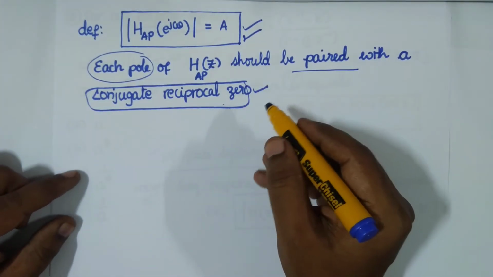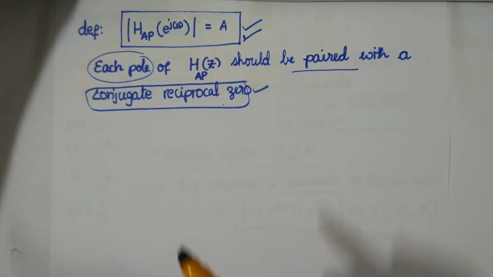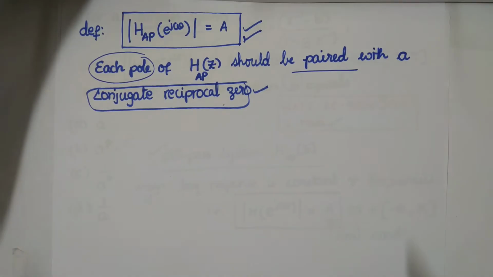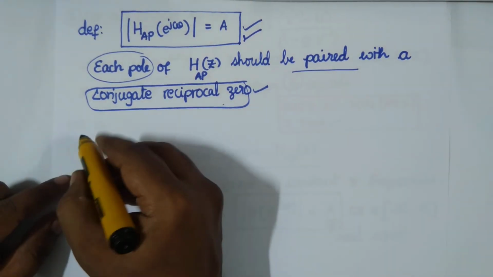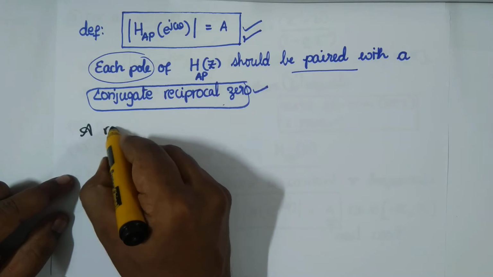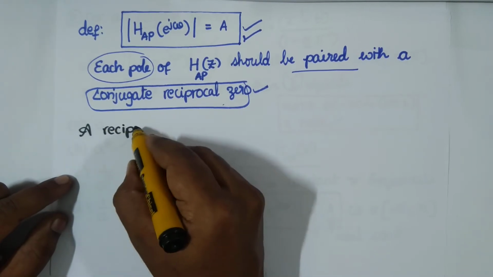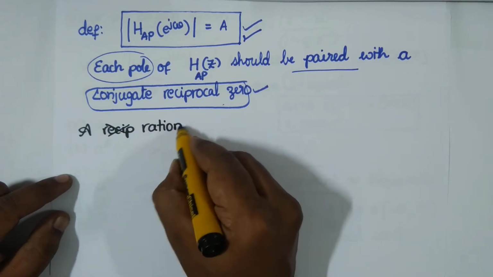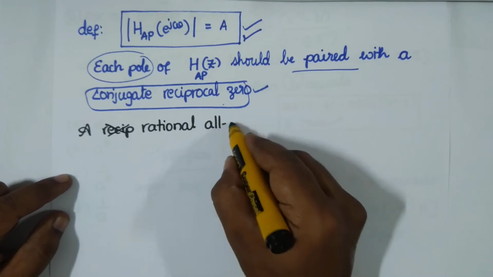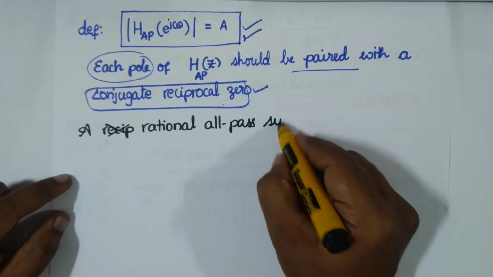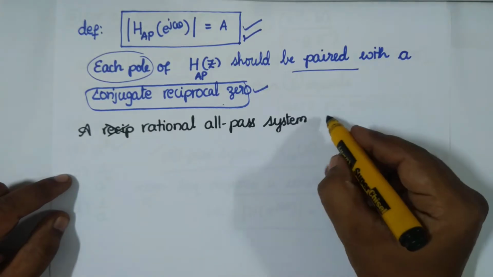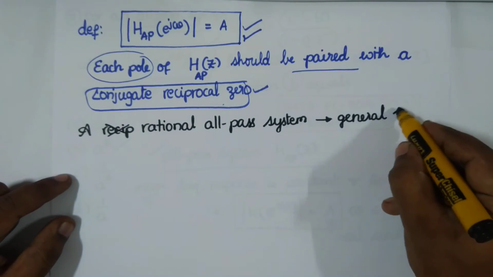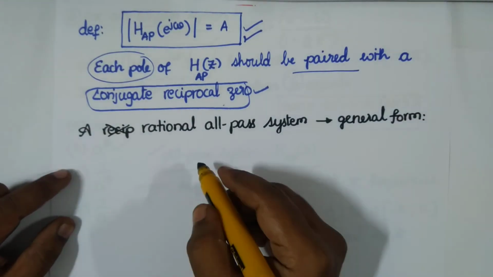All right. Therefore, let us take a rational all-pass system. We need, of course, a rational all-pass system so that we can resolve it easily using partial fractions if possible. A rational all-pass system has the general form like this.